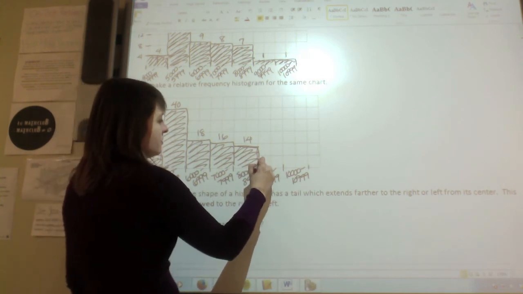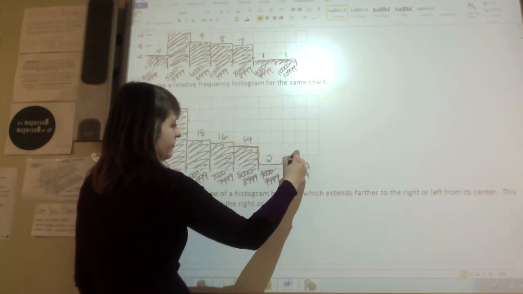And then 1 out of 50, that's 2%, and 2% for my last one as well.